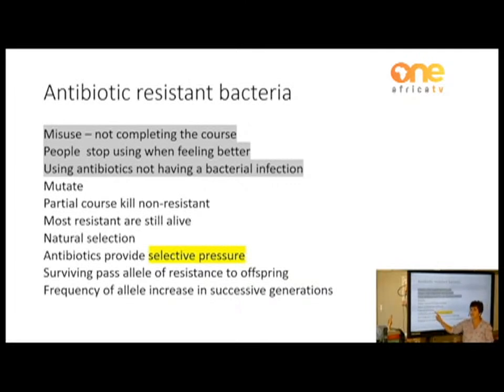And the antibiotics provide selective pressure. Selective pressure is the factor that causes these bacteria to survive. So the antibiotics was the selective pressure. So the survivors pass the alleles for resistance to the offspring. Very important. The frequency of the alleles needs to increase so that there are enough survivors.